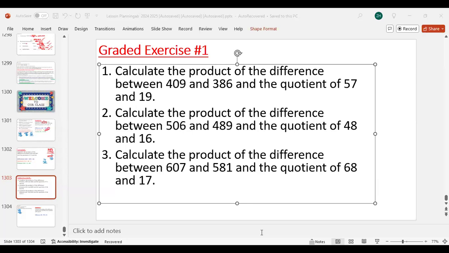Where's Markeo? Vincent, what number y'all on? Number 2. Okay, Malia, what number you on? Number 2. Do you understand what you're doing? Yes, sir. Okay, that's good.